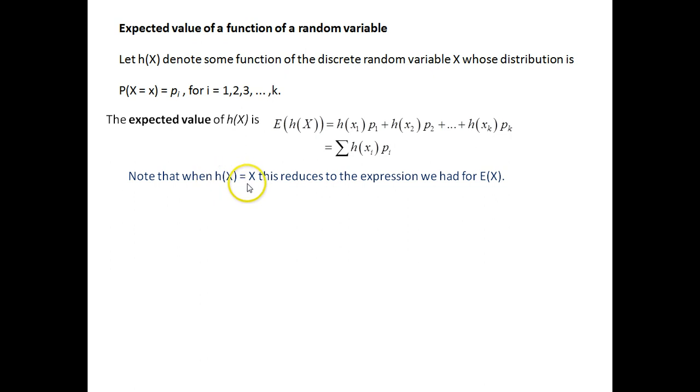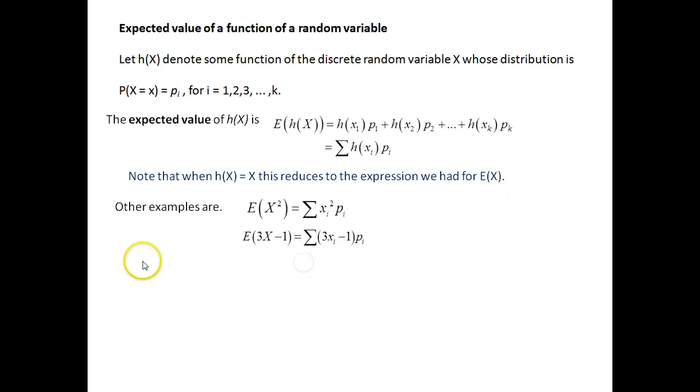And when the function is just x, this reduces to the expression we had for the expected value of x, the mean, earlier. So we are interested in the expected value of x squared. That would be the sum of each x squared multiplied by its probability. If we wanted the expected value of 3x minus 1, I would have to take each x, multiply by 3, take away 1, and multiply the answer by its probability and add them all up.